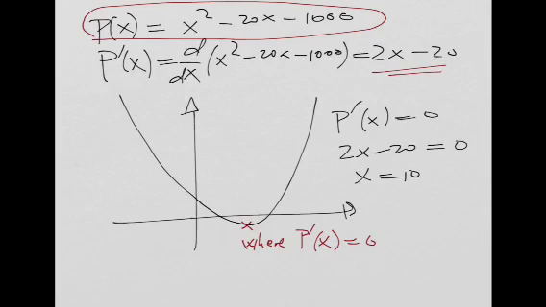So it means that this point here that corresponds to the vertex, this is x equals 10. The only problem is this is not the highest point of the profit. In this case, it's the lowest point in the profit.